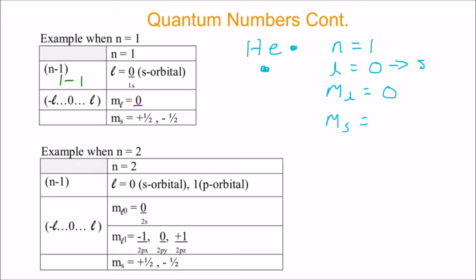You can never have the same set of 4 quantum numbers for 2 different electrons. So this one has to have the minus 1/2 spin. That's what allows these two to stay together in the atom. Remember, one is spinning clockwise, one is spinning counterclockwise. They generate a magnetic field which allows them to stay together.